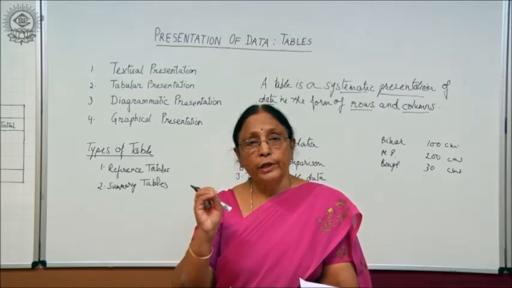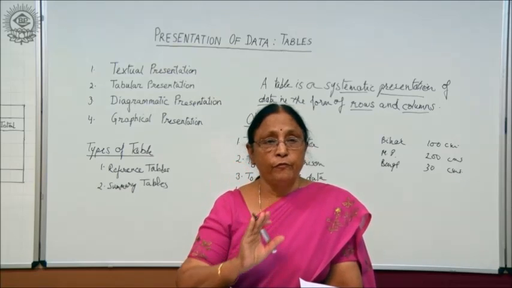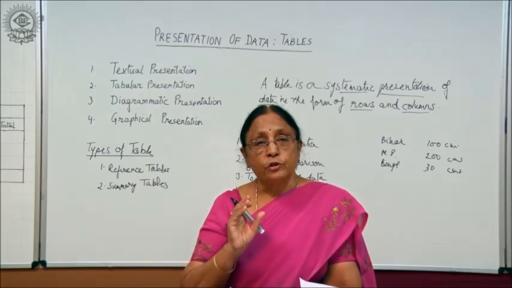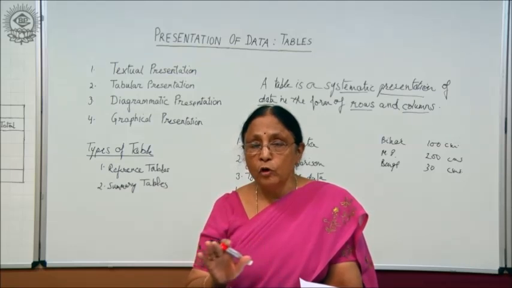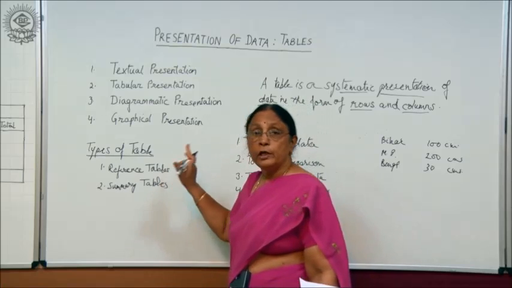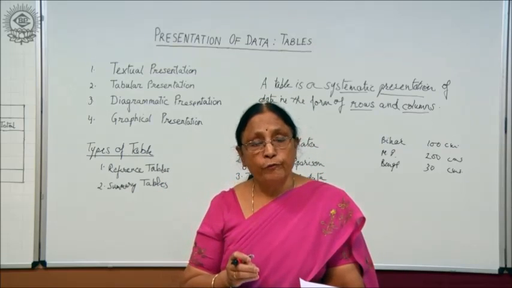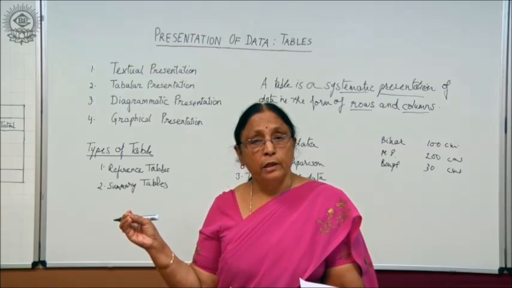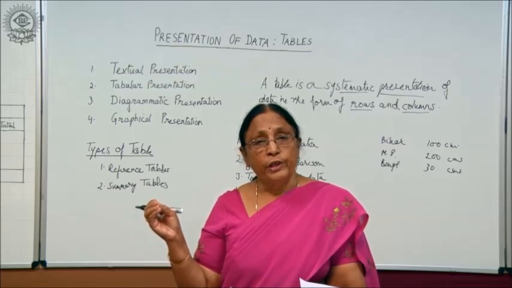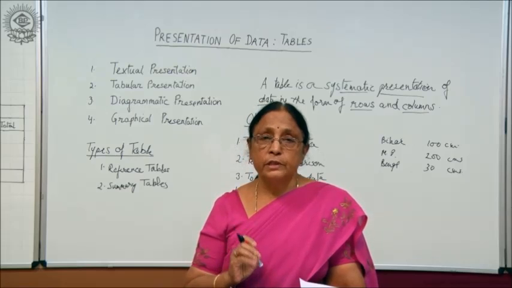That means the whole data is gathered properly and presented in a table form, which is not for any specific purpose but for general purpose. And this is only for reference. That means according to your purpose of inquiry, this data bank you can use for your reference. This is known as reference table.